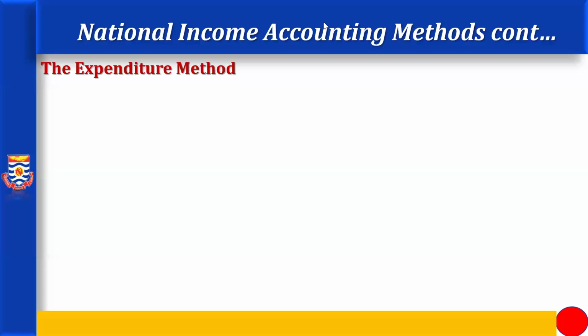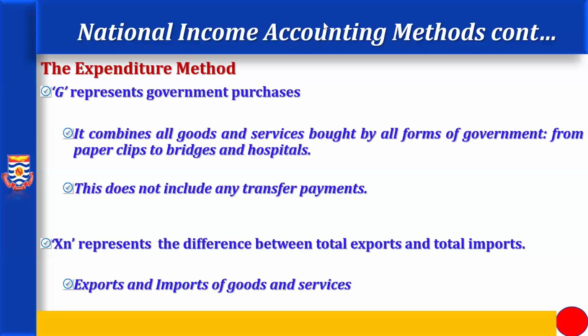So the G component, what is it? The G component is government expenditure or government purchases. Here, it combines all goods and services bought by all forms of government, from paper clips to bridges to hospitals.